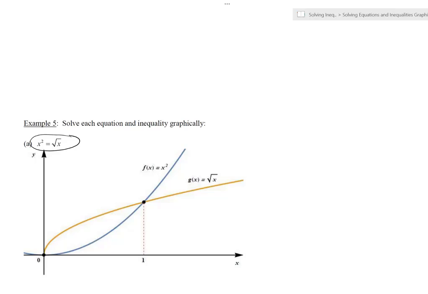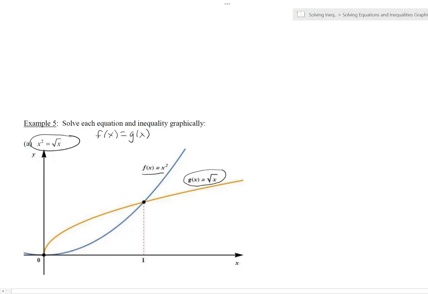Like we set up earlier, we're going to let the left-hand side, x squared, be f of x, and the right-hand side g of x equal to square root x. So really, when we're solving this equation, x squared equals square root x, it's just like the general situation: where does one function equal another function?